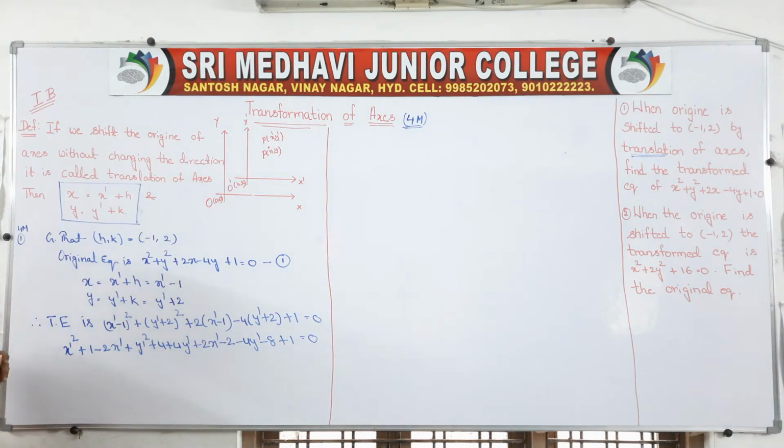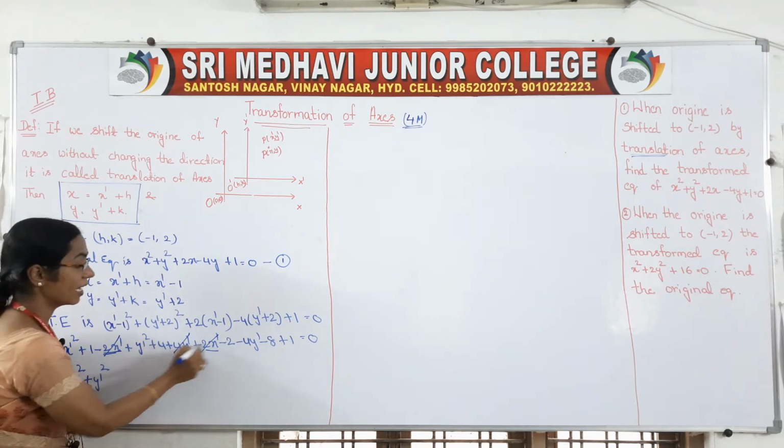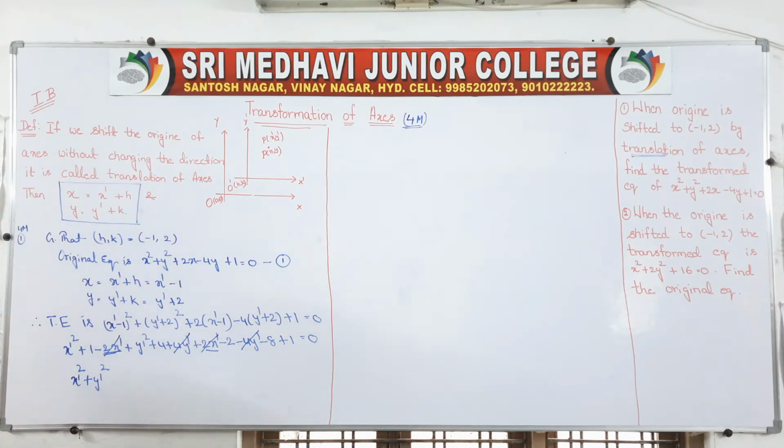Try to write in order always. In mathematics we write everything in order, right? We are very systematic people. So it is x dash square plus y dash square, then you take your terms. Observe, minus 2x dash plus 2x dash cancels, plus 4y dash minus 4y dash cancels.